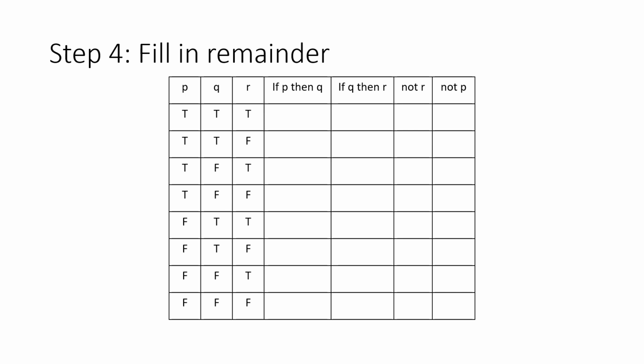Then the last thing to do is fill in the rest of the truth table. And what you do there is you look at the columns themselves, right? So for example, this is a conditional. And so you will look at the antecedent of that conditional and the consequent of that conditional over here, right?